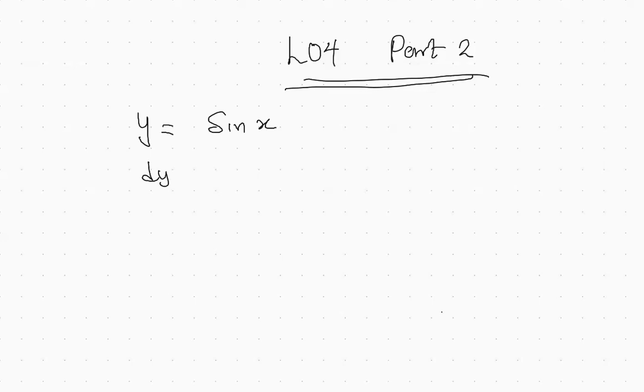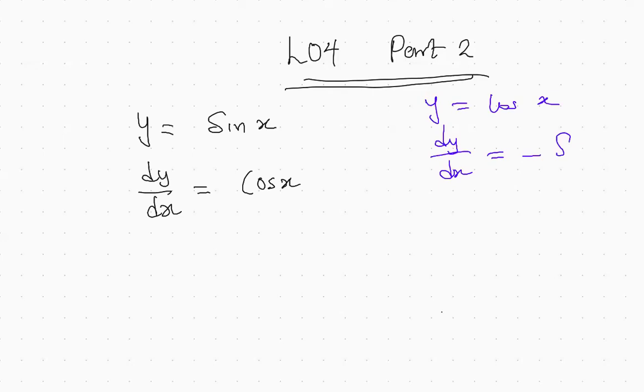So differentiating sine gives you cos. If you say y equals cos x, the dy/dx will be equal to what? Minus sine x. So that's how to do it.